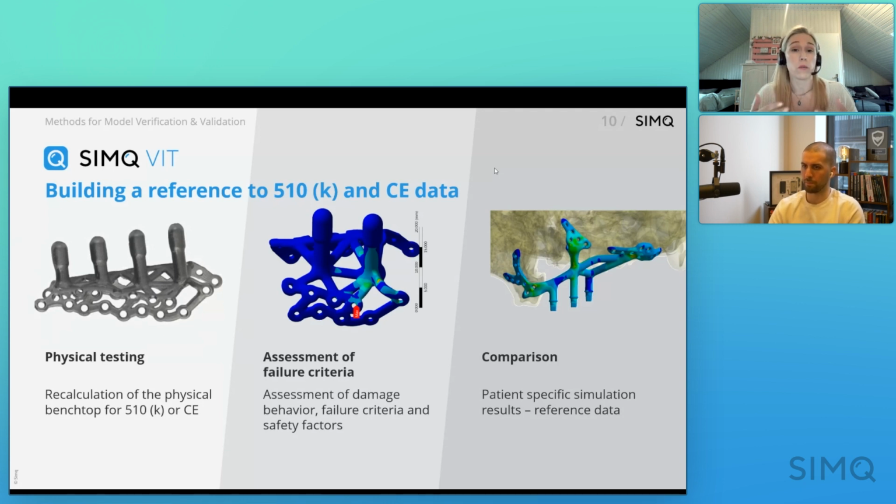For example, with our mandibular reconstruction workflow, we had 8 cadaver mandibles. 3 had the osteosynthesis plate on it, and the other 5 were whole mandibles. Those underwent physical testing. Those tests were measured, benchtop testing, and compared with the data, the assessment of the failure criteria, for example, if this implant was titanium 2-3.